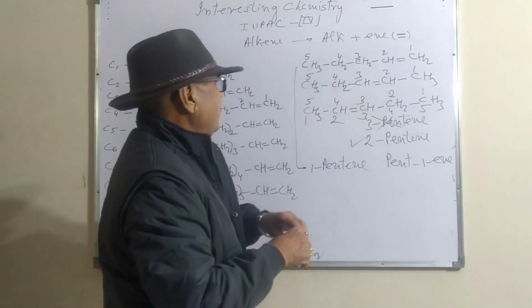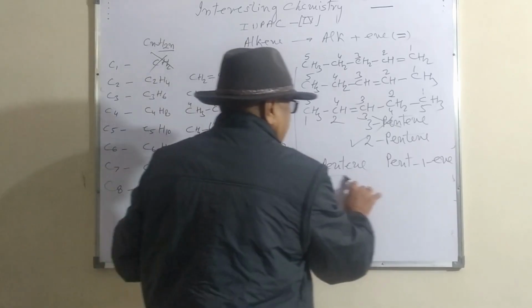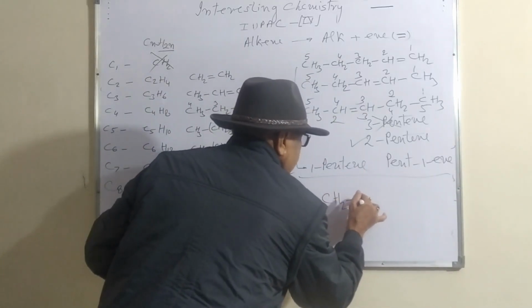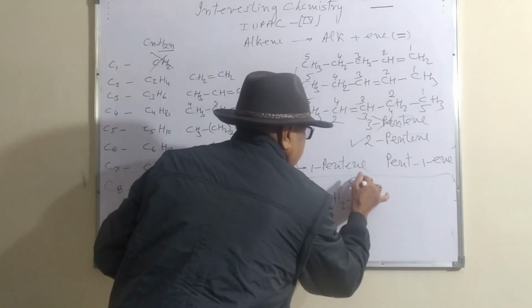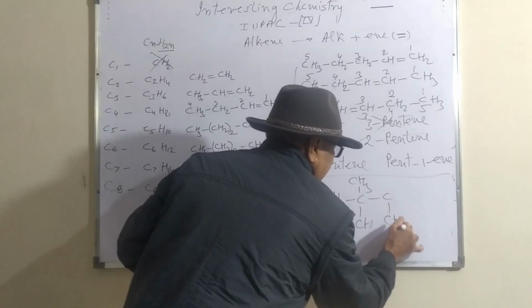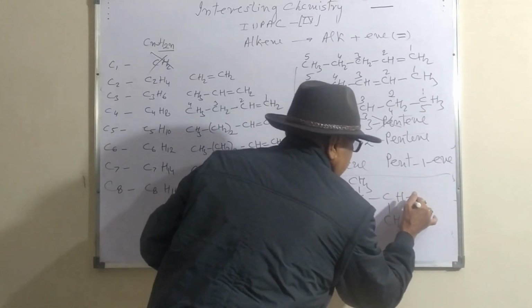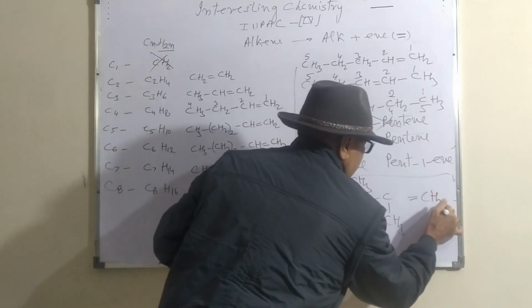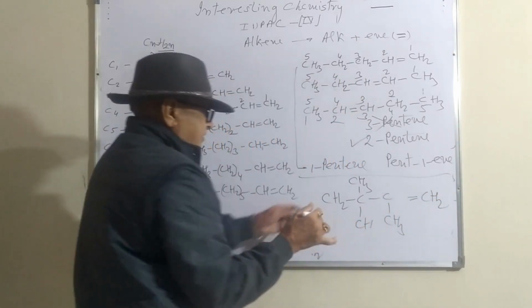These alkenes also have substituents. Suppose I write here CH2, CH, CH3, and C double bond CH, C double bond CH2.